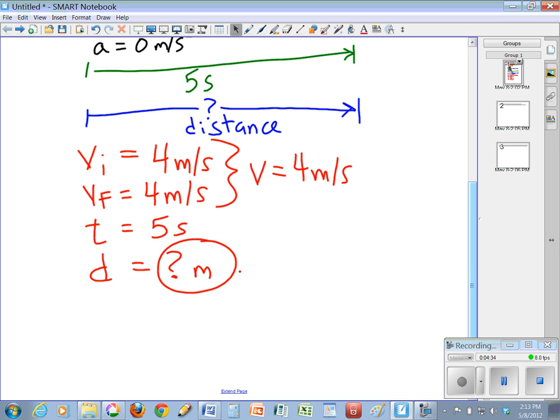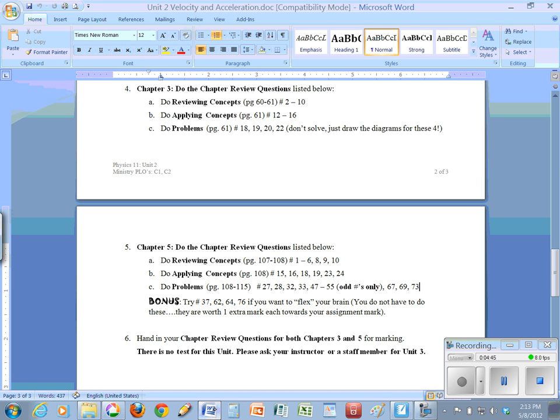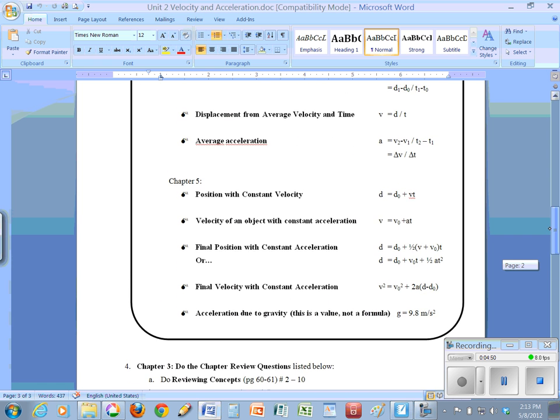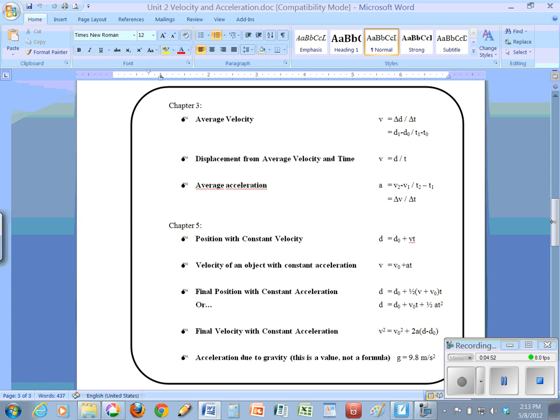If you set up a physics problem like this, it will really help you to solve the question. How will that help me solve it? Let me go back to the assignment and look at the formulas that are given. I'm going to see if there is an equation that includes velocity, distance, and time.